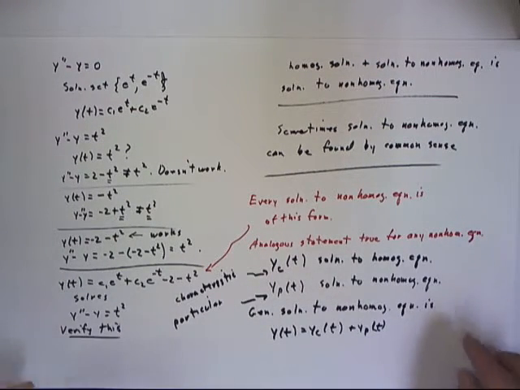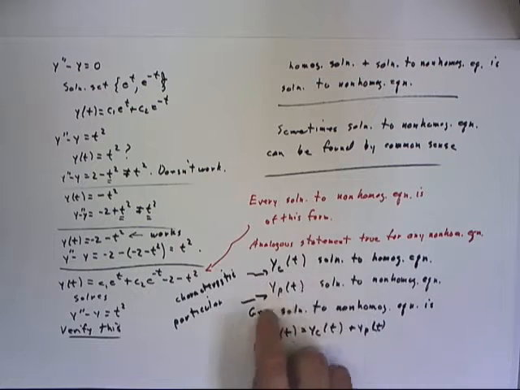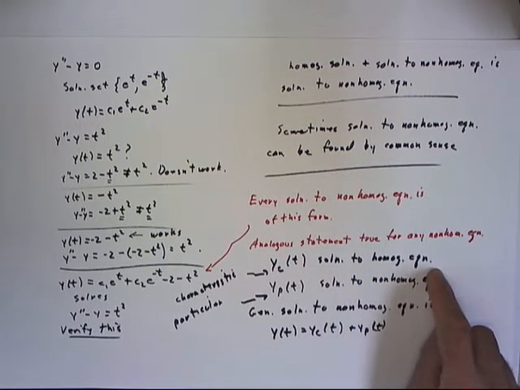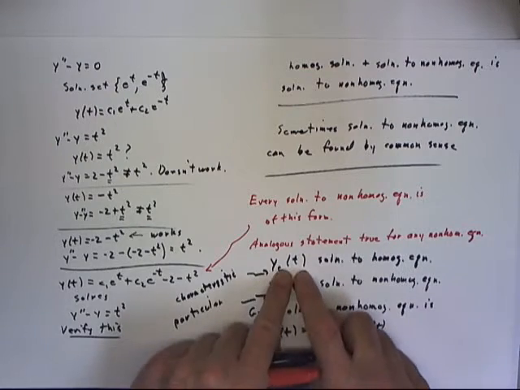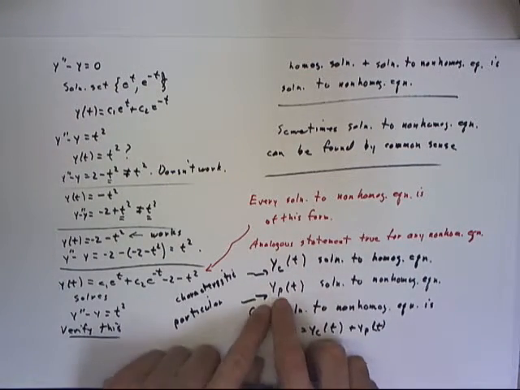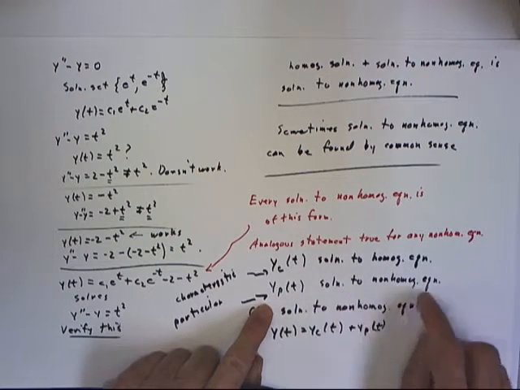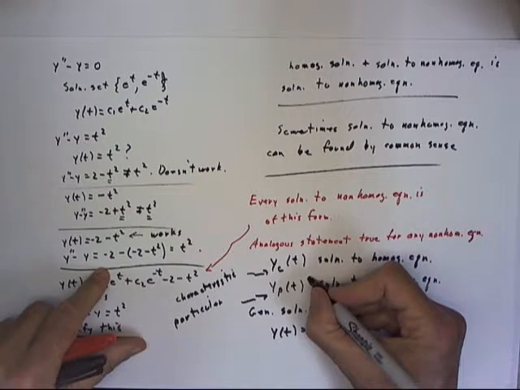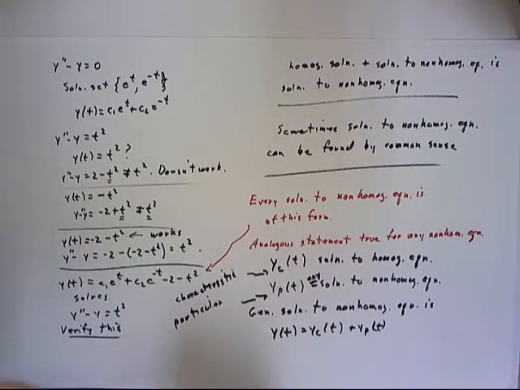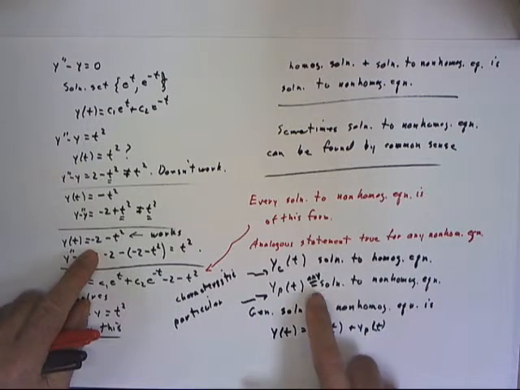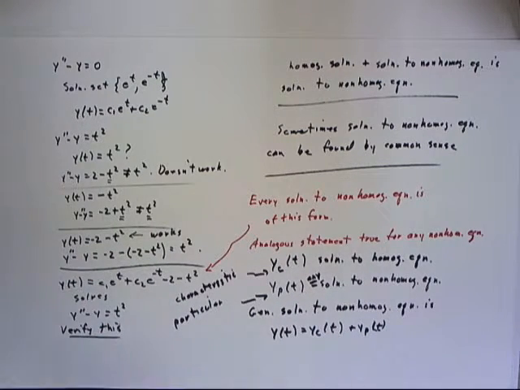We can summarize that statement, and we're going to introduce a little terminology. Y sub c of t is going to be our solution to the homogeneous equation. That just corresponds to our general solution up here. Y p of t will be any solution to the non-homogeneous equation, and right here is a solution to the non-homogeneous equation.